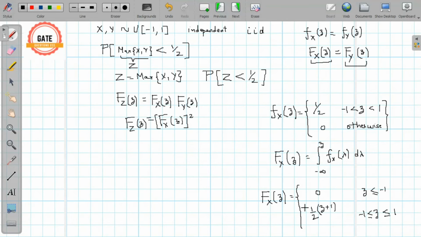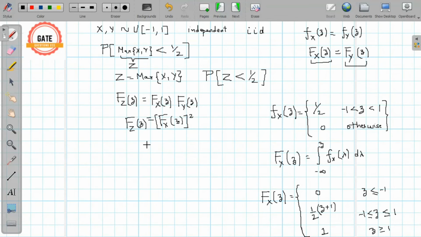So this is the value of the CDF in this range. And for z greater than or equal to 1, you will get 1. So this is the CDF of x, and this is also the CDF of y for the same sample value z.